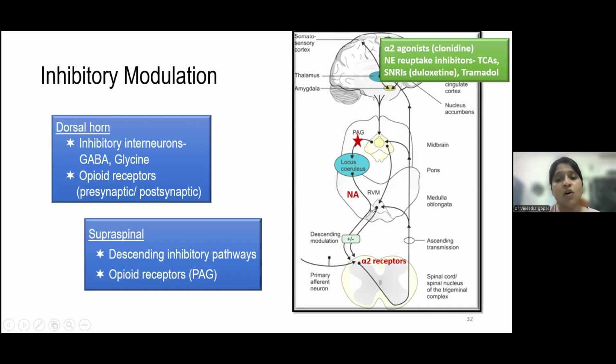Can you tell any opioid which has this function, that is, reuptake inhibition? There are actually two opioids that inhibit the reuptake of noradrenaline. We know that tricyclic antidepressants are there, SNRIs are there, but any opioids with this action, inhibition of noradrenaline reuptake?